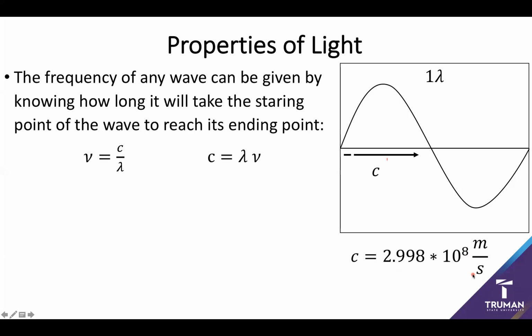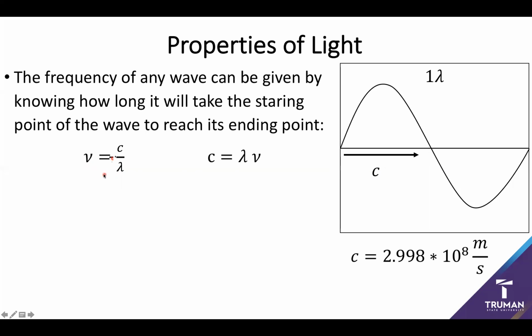This is equivalent to about 300 megameters, or about 300,000 kilometers per second. So this is a very fast sort of movement. We can turn this into frequency by taking that speed of light and dividing it by our wavelength. This gives me my frequency.